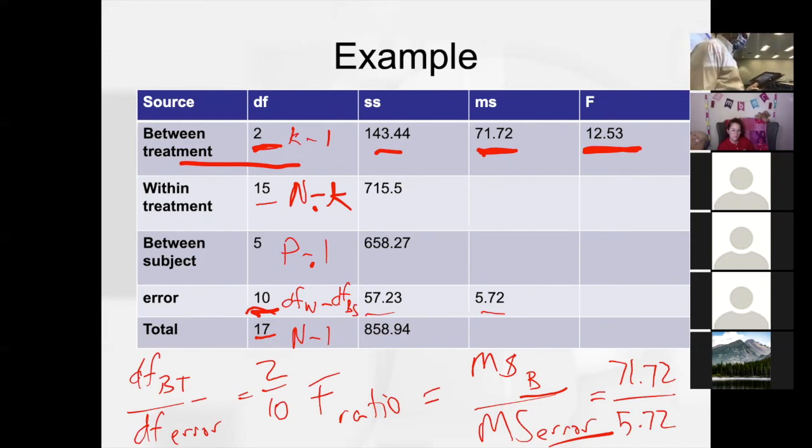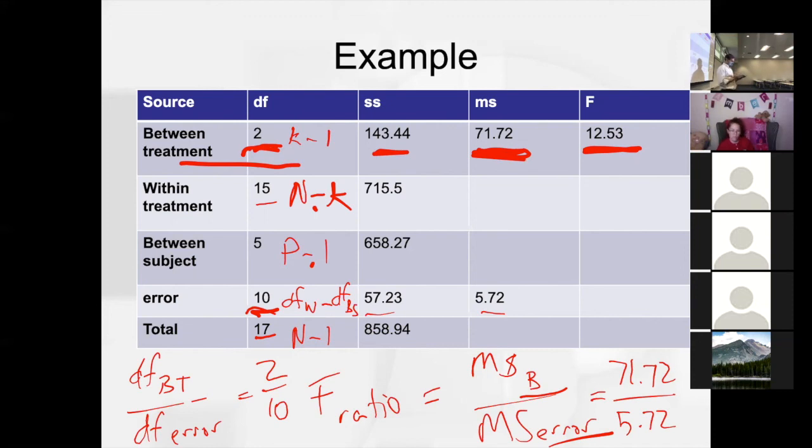Yeah, but it seems like you only used the 15 and the 5 to get 10. What was the point of getting the 2 and the total? So the point of getting the 2 is you need that to get your mean squares value for between treatments, right? So it's the sum of squares divided by 2 to get that mean squares.